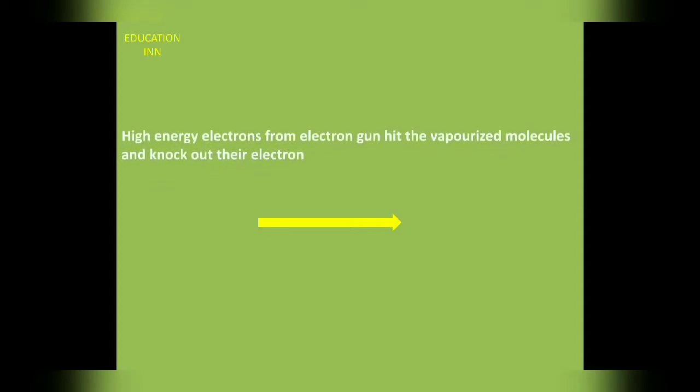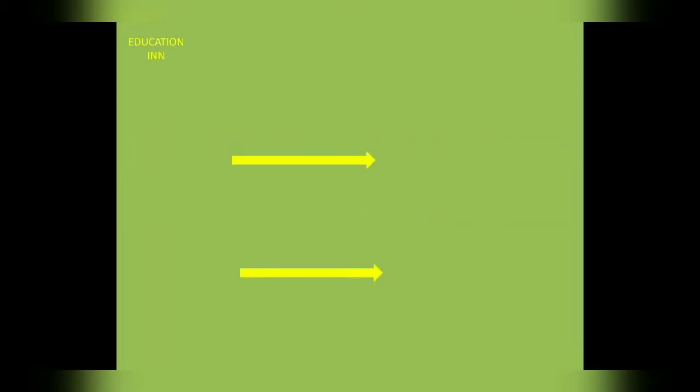High energy electrons from electron gun hit the vaporized molecules and knock out their electrons. For example, M stands for any molecule. When an electron hits the molecule, it is ionized as it loses its valence electron and develops a positive charge. So it becomes a cation, a positively charged ion.